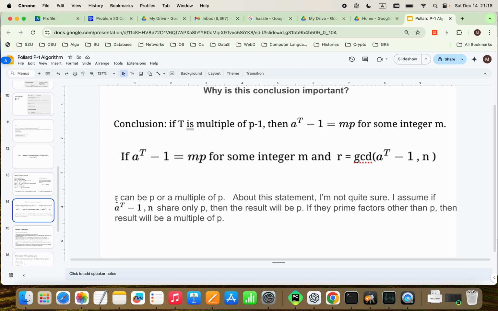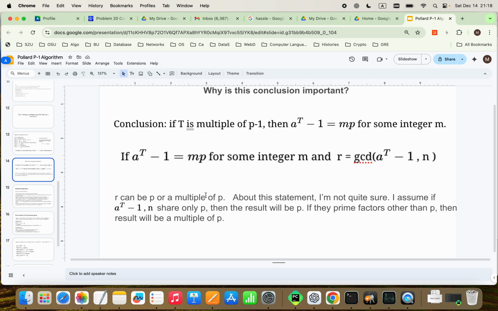I copied it from online. It can be p because if these two numbers share only one prime factor, p, then r is going to be p. But they could share other prime factors other than p, then r is going to be a multiple of p, because r might include other prime factors as well.